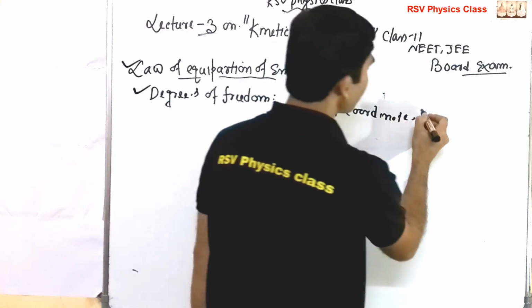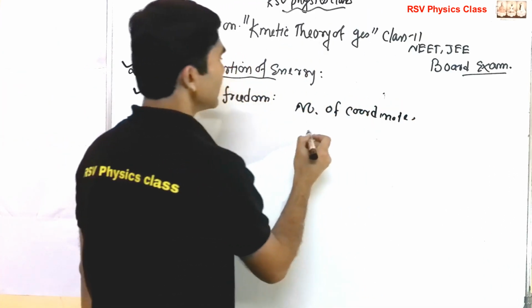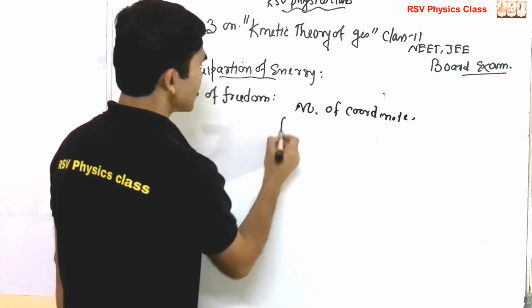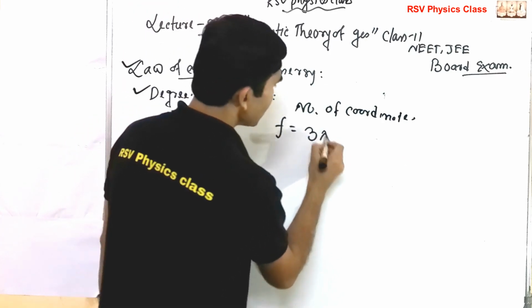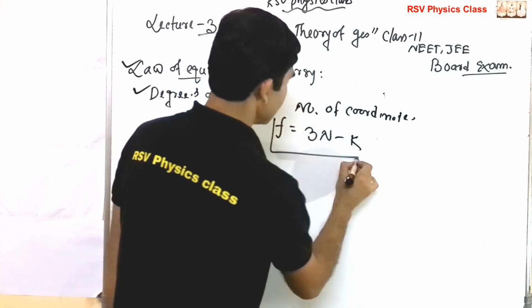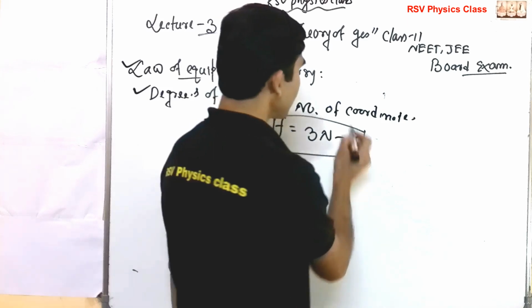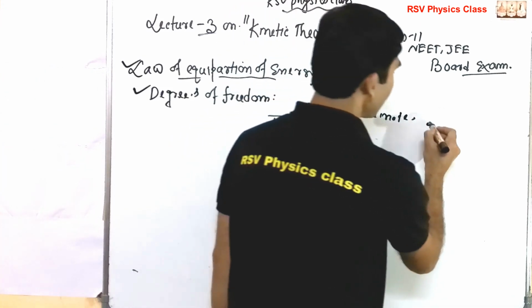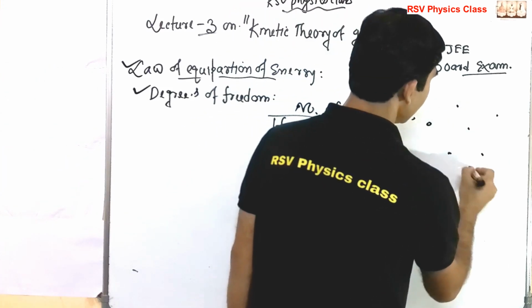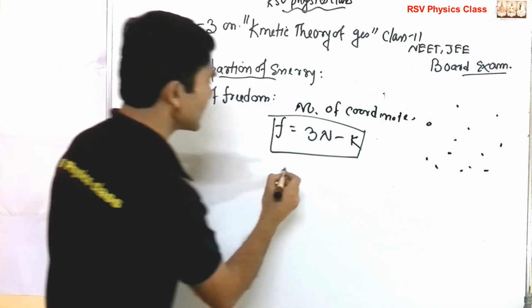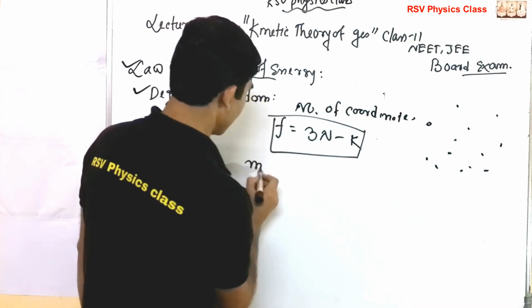If your degrees of freedom equal 3n minus k, I will explain why. Now there are different numbers of molecules here, so let's consider this number of molecules, and first the monoatomic case.